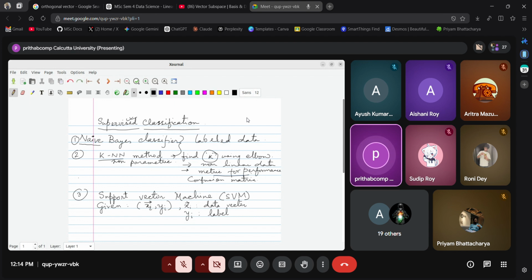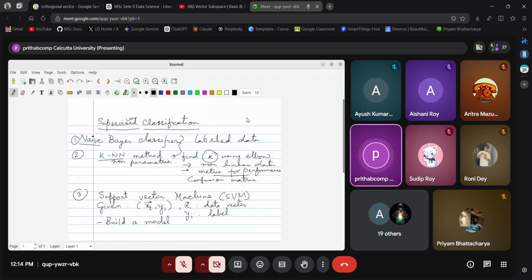Now for this particular problem, what we want to do is build a model. By the way, I don't have the slide for this.